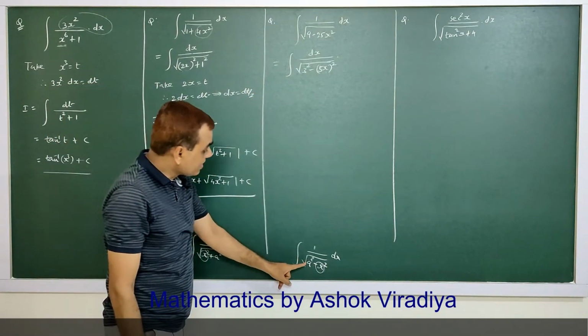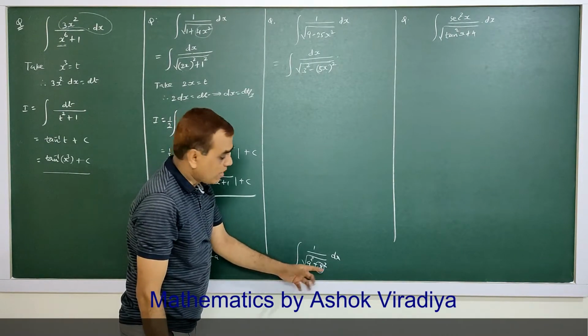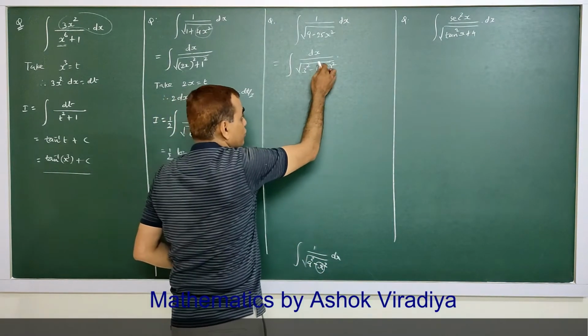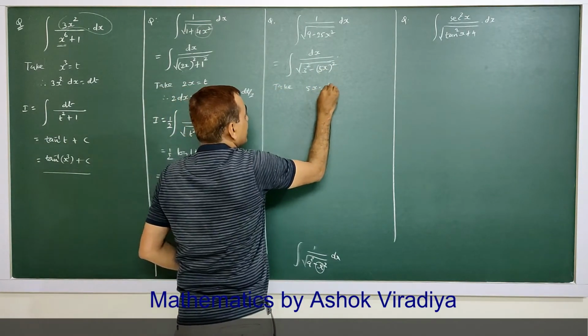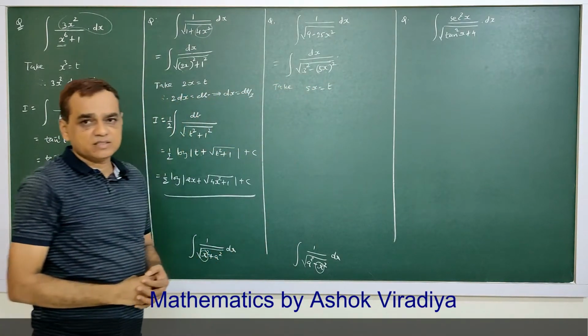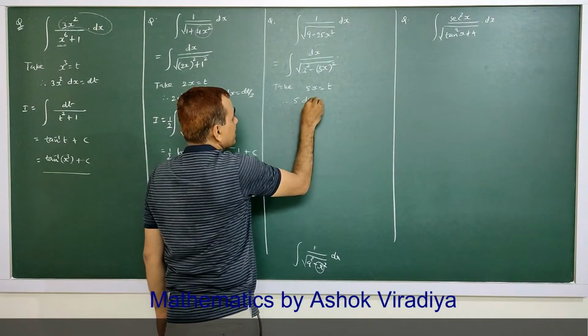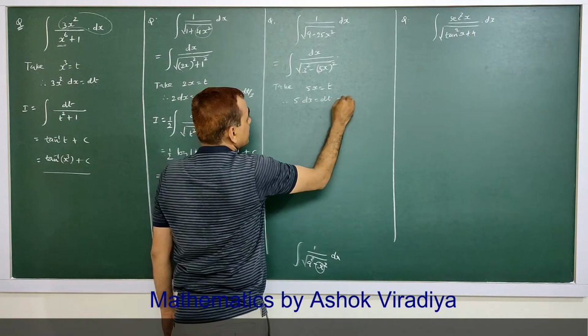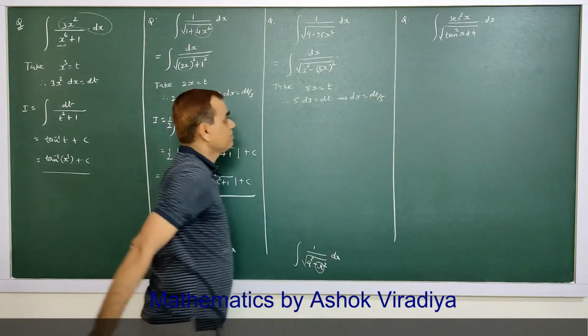Now you can see that we are getting this pattern. So to have this pattern, we take the substitution 5x equal to t. Taking 5x equal to t, 5 dx is dt. So dx is dt upon 5.